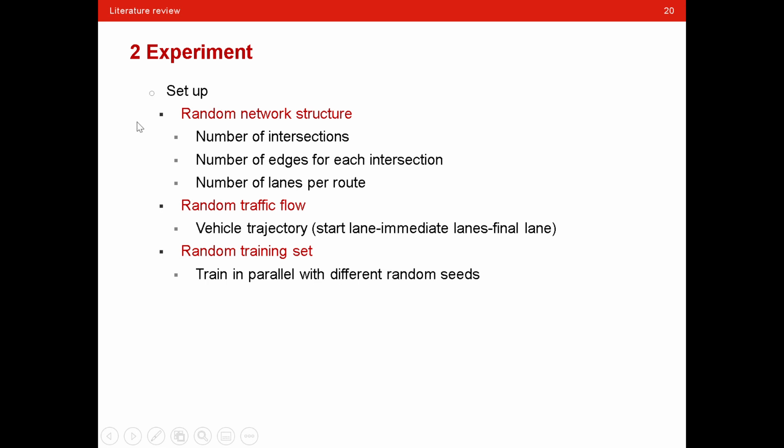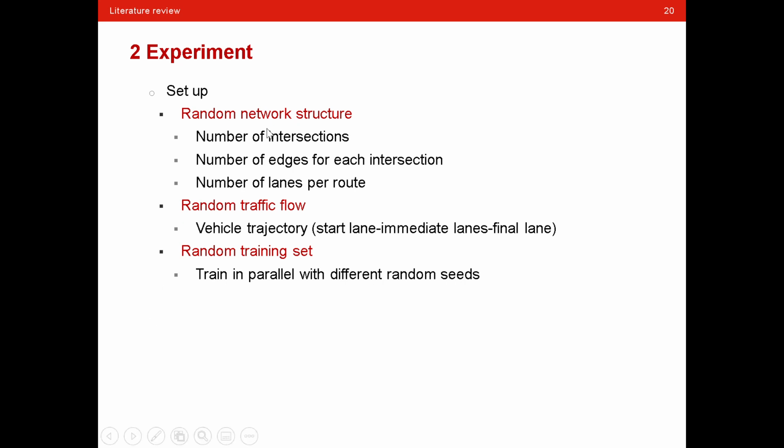One thing I want to introduce in the experiment is how they set up the experiments. They use random network structure, random traffic flow, and random training set in order to implement the studies and achieve transferability.